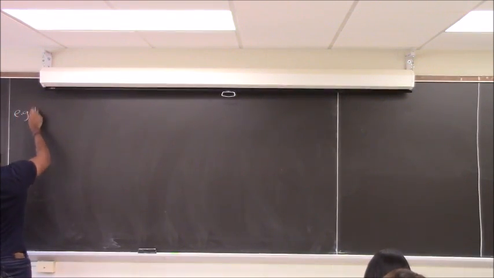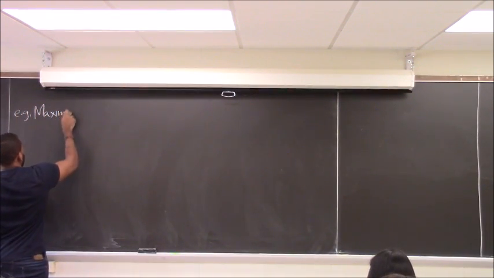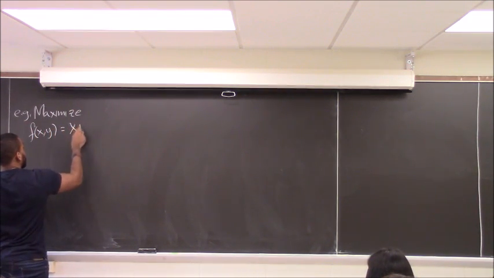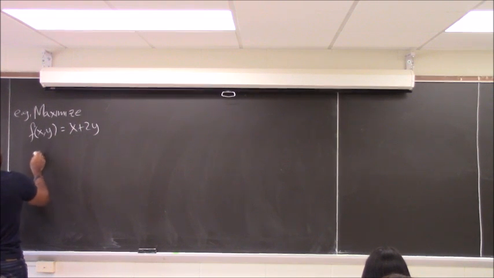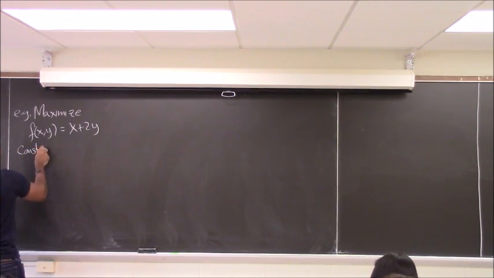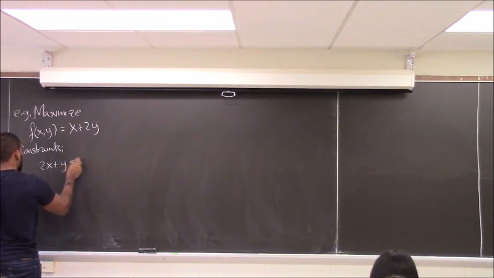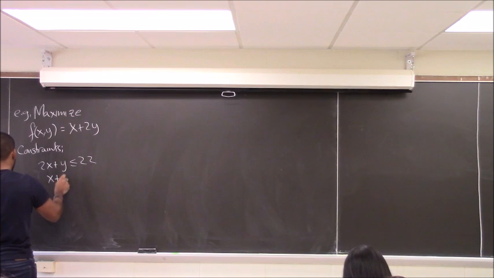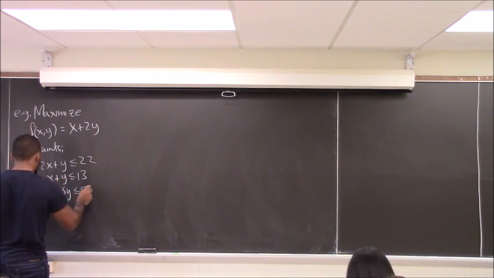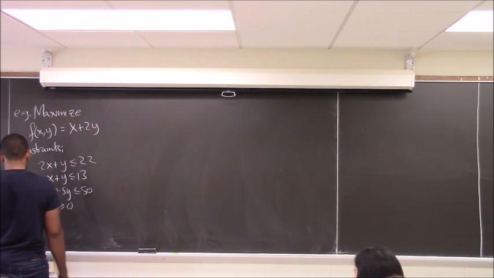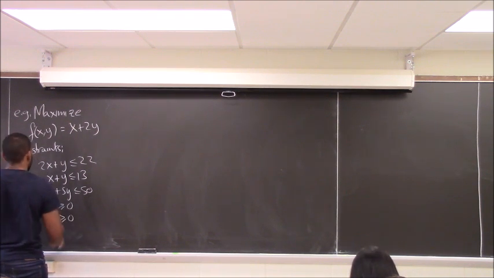So the goal was to maximize this function of x and y, x plus 2y, and we had the following constraints. 2x plus y must be less than or equal to 22, x plus y must be less than or equal to 13, 2x plus 5y must be less than or equal to 50, x greater than 0, and y greater than 0.